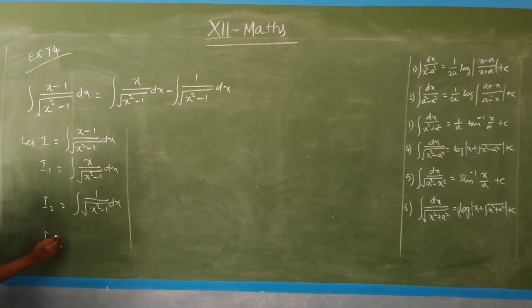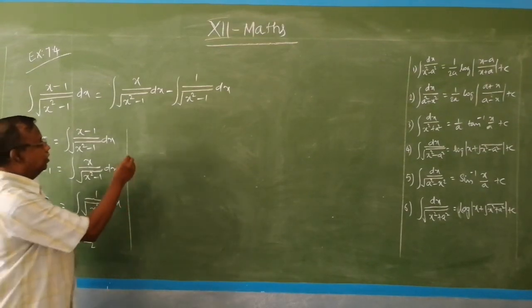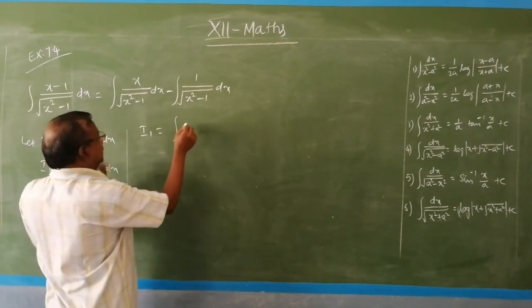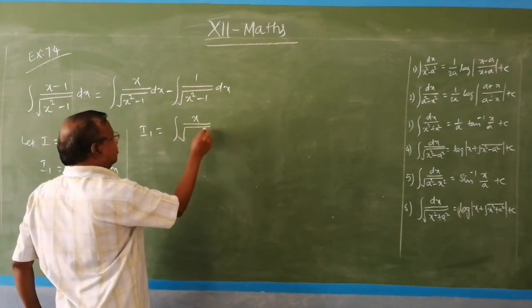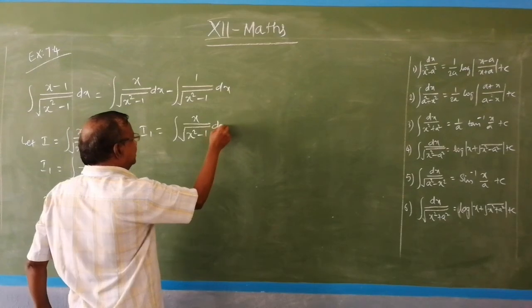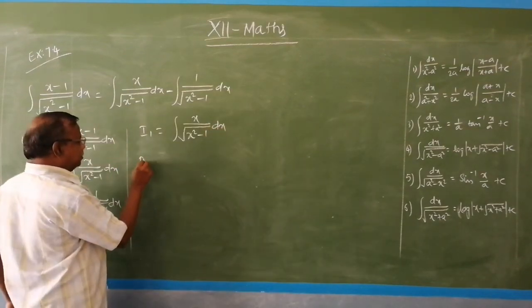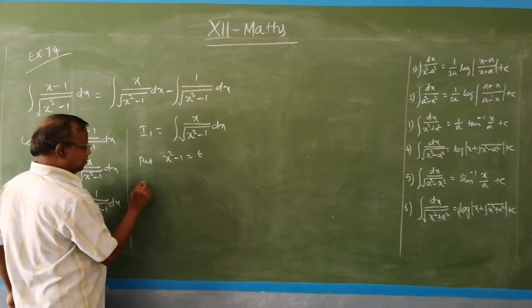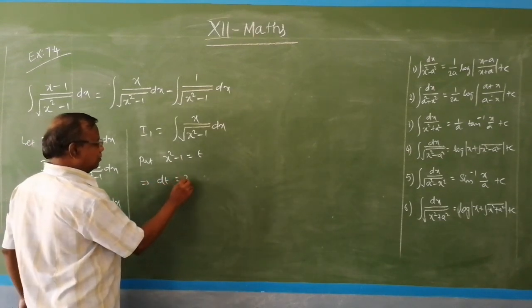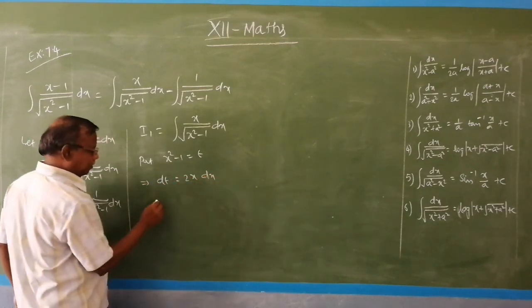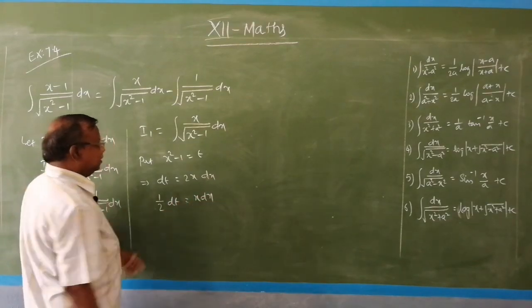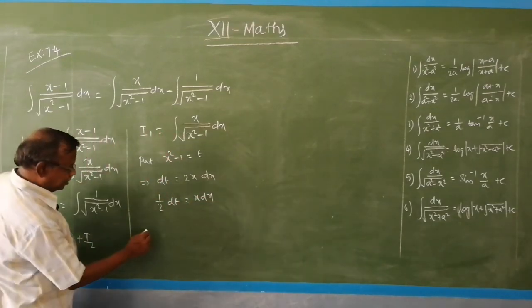So I equals I1 plus I2. I1 equals integral x divided by root of x square minus 1 into dx. For this we need to substitute, that is put x square minus 1 equal to t, which gives dt equal to 2x into dx, or 1 by 2 dt equals x dx. So we have substitution for this.